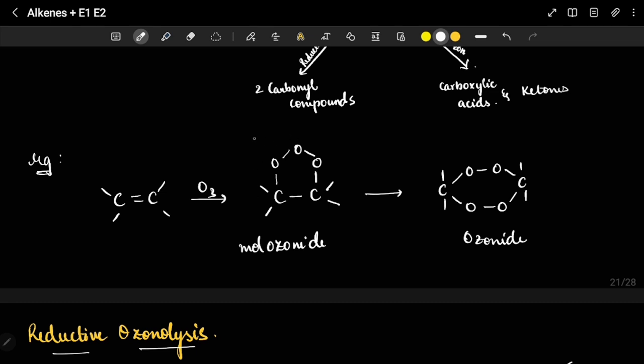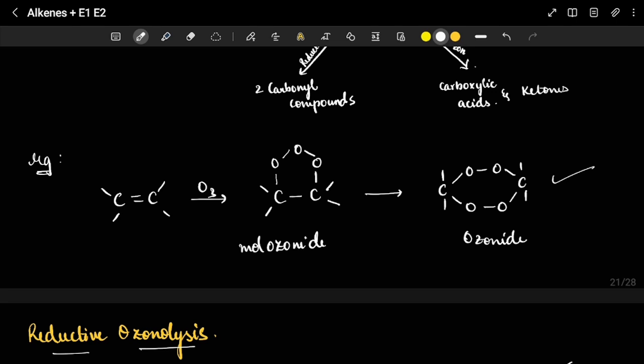Then this is formed, which is called the molozonide. On further addition of ozone, ozonide is formed. This is less important, just for information purposes. The molozonide, or initial ozonide, is the most unstable.